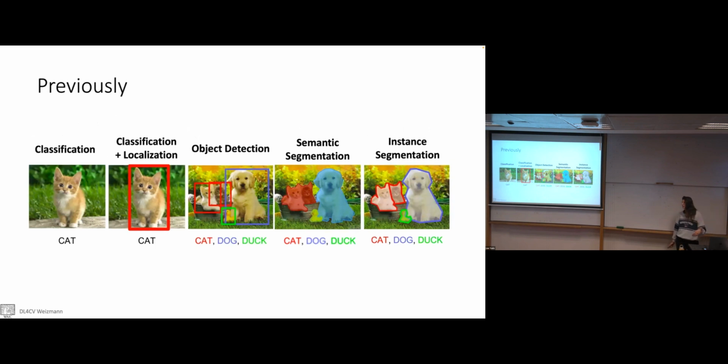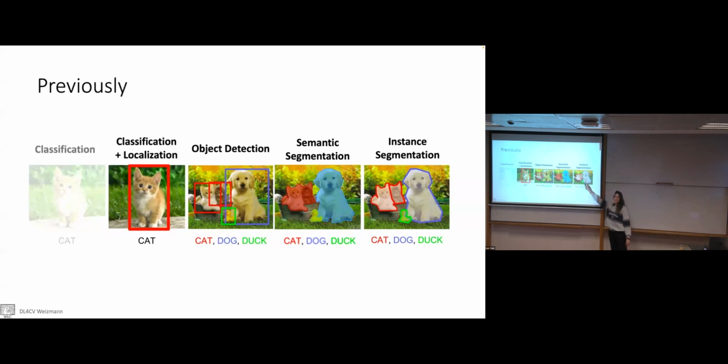Previously in the course, you mainly talked about classification problems, and with Shai, you started to get a notion of other tasks that exist in computer vision, which are classification plus localization, or object detection when you want to also supervise for the bounding box and detect which object is within each bounding box, or semantic segmentation when you want the perfect segmentation mask of each one of the objects, or even instance segmentation where you want also to distinguish between two different cats and not just mask all the cats.